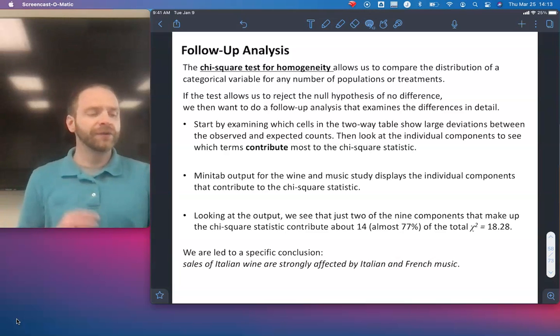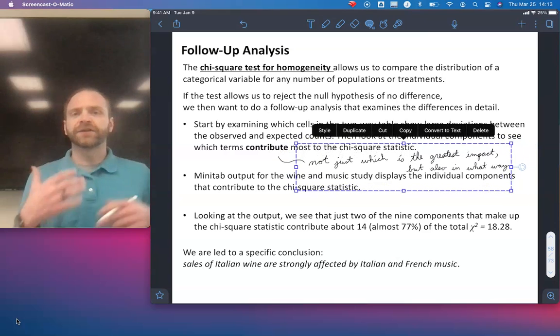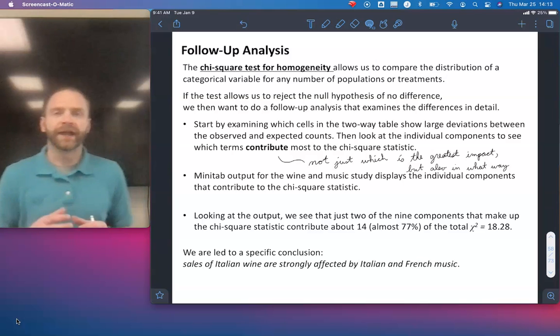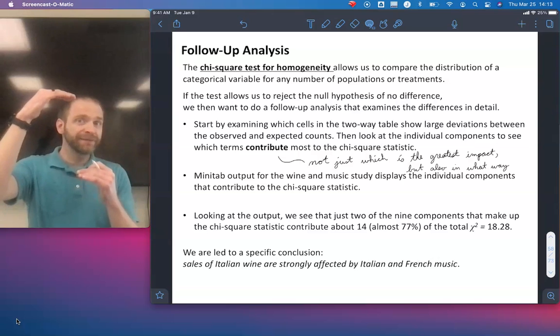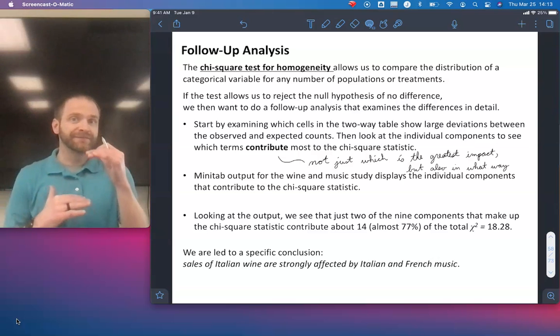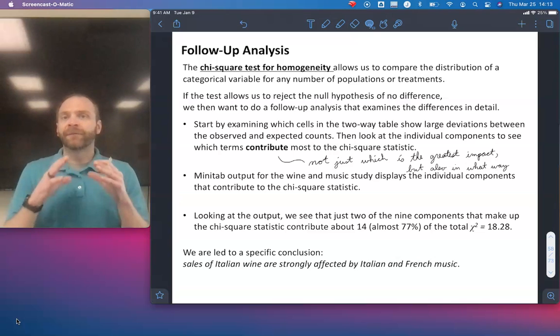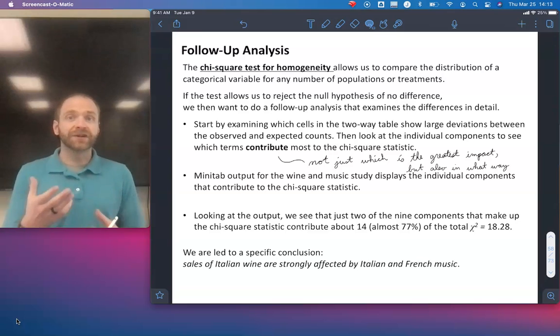Which individual components had the most impact on that value? When you do that, you have to keep something in mind. It's not just about which has the greatest impact, but also in what way. What we observed, was it way higher than what we expected, or was it less than what we expected? We actually have to dive deeper into that number, because when we're looking at what contributes, those components are going to be positive.